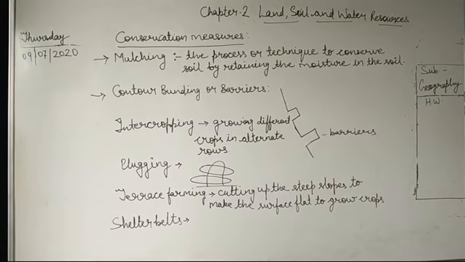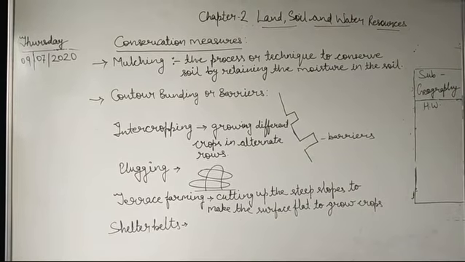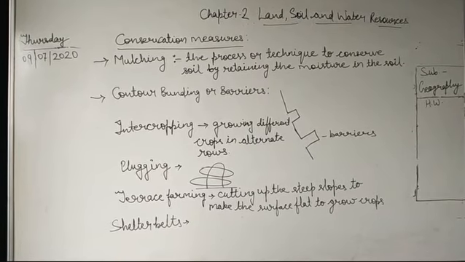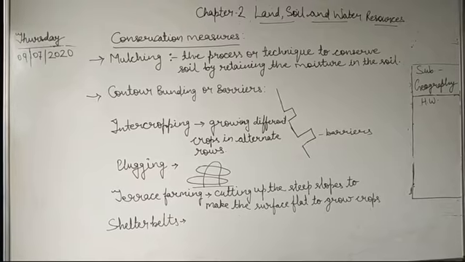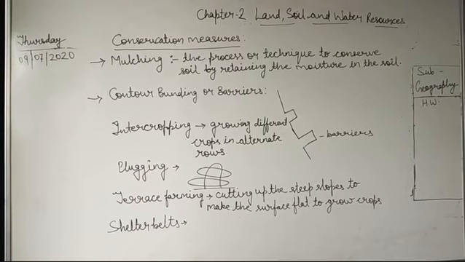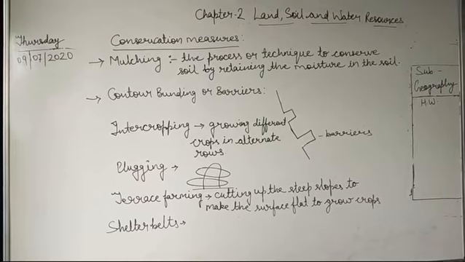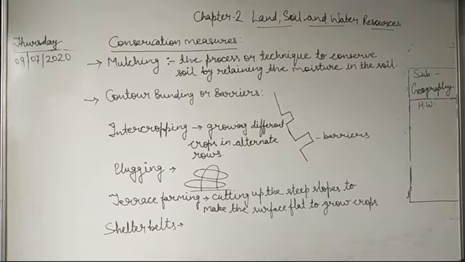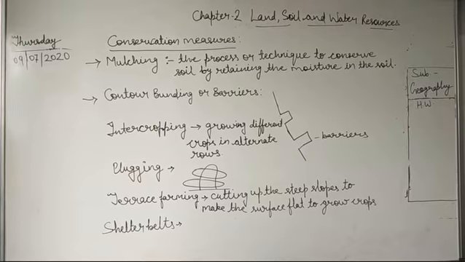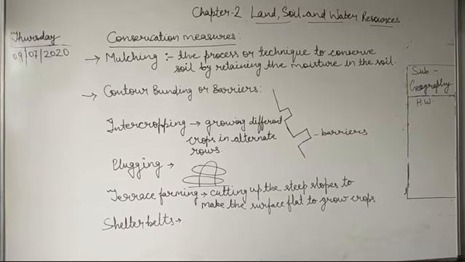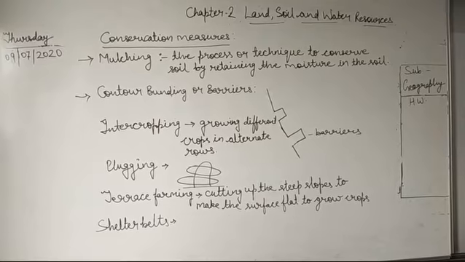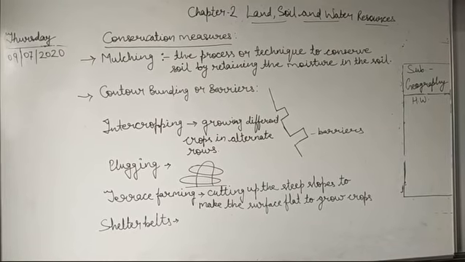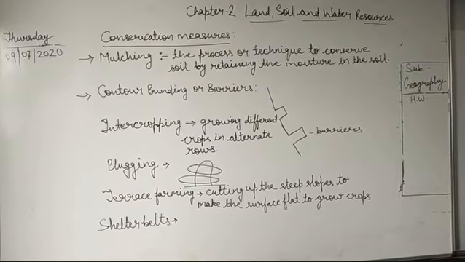The first is mulching, the technique to conserve soil by retaining the moisture in the soil. In mulching, the bare ground between plants is covered with a layer of organic matter like straw or peat to prevent loss of moisture from the soil. Then contour barriers. On hillsides, stones are used to build barriers across the slope.